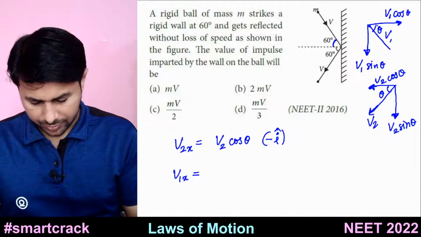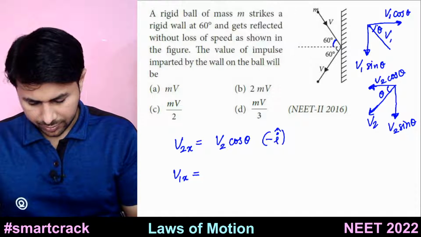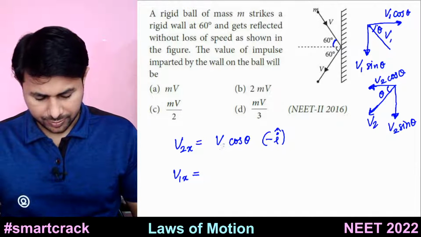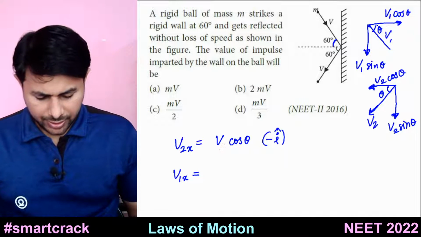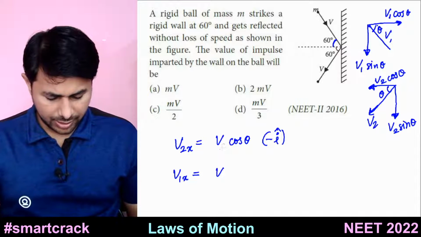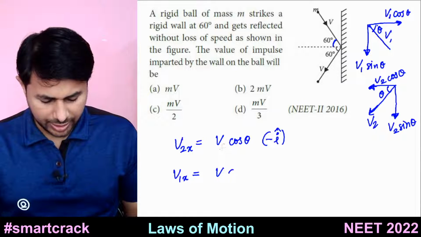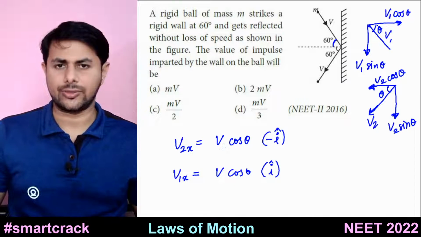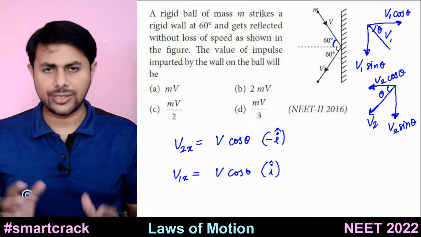Okay, so I will just erase this 2. All right, so v1x is equal to what? v into cos of theta, but its direction is positive, right? So what is the change in speed?